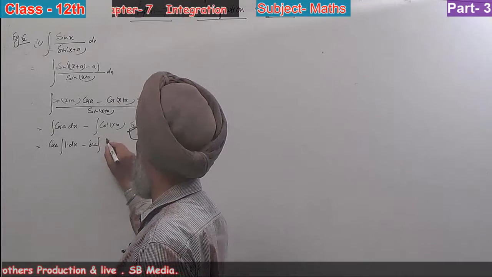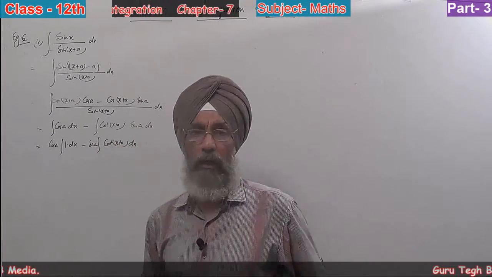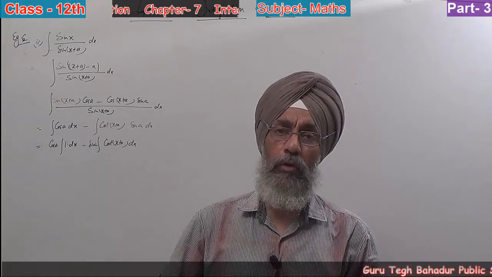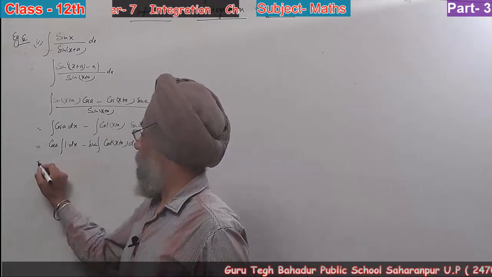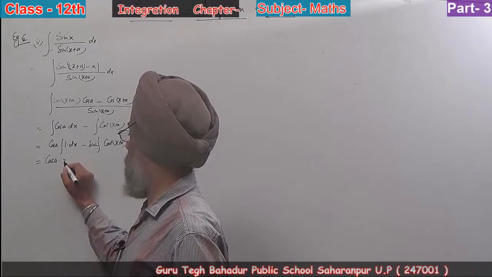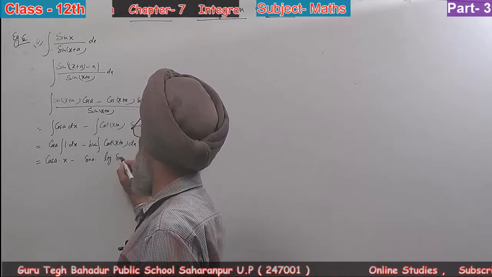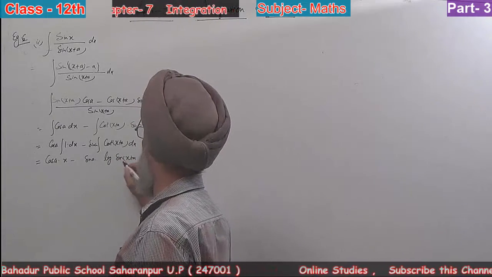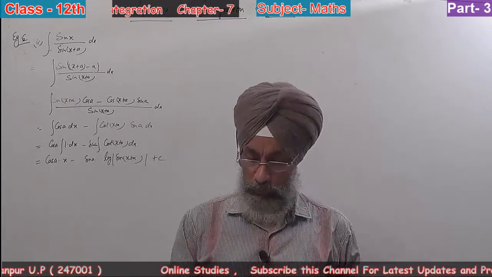Sin a is constant, cot x plus a. In the previous lecture I told you the formula: integration of cot x is log of sin x. For 1 it becomes x only, and for cot it becomes log of sin x plus a plus c. That is the integration for the given question.